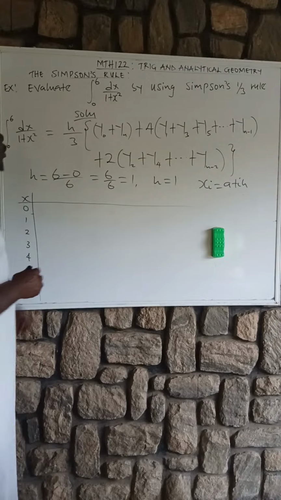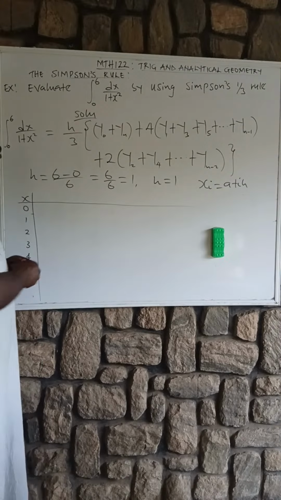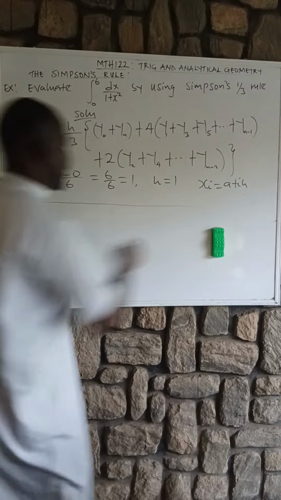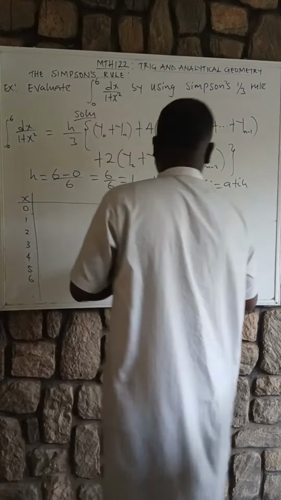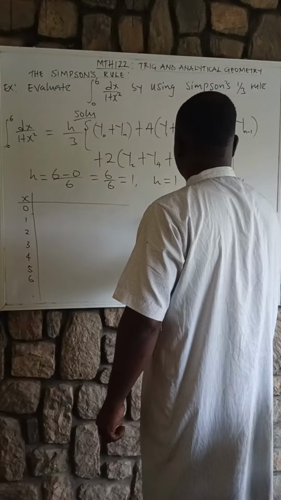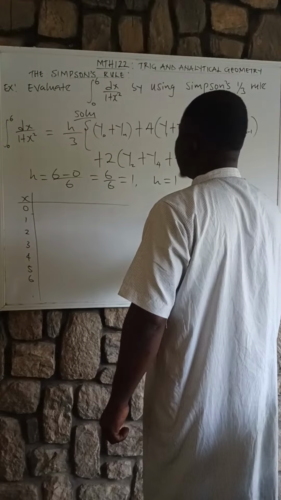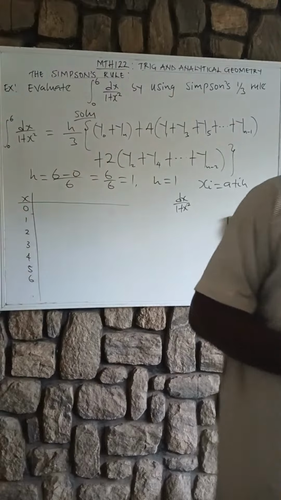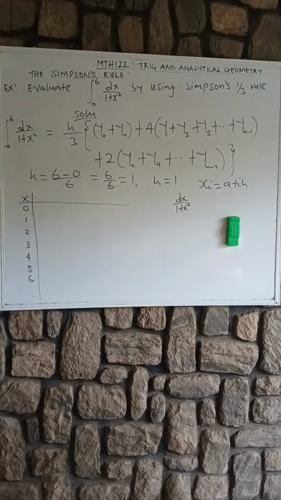Now, what we need to do here is look at the integral. The integral here is dx all over 1 plus x squared, right? This is the integral, true or false? It's true, right?